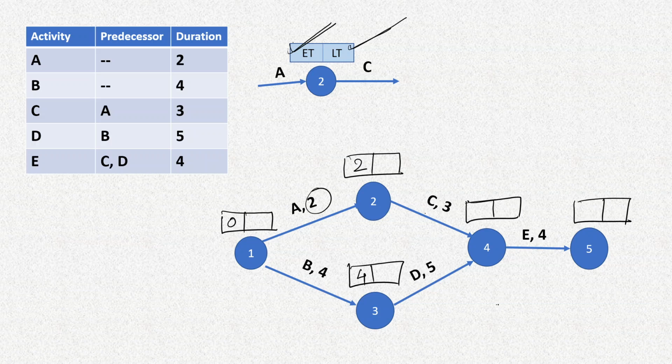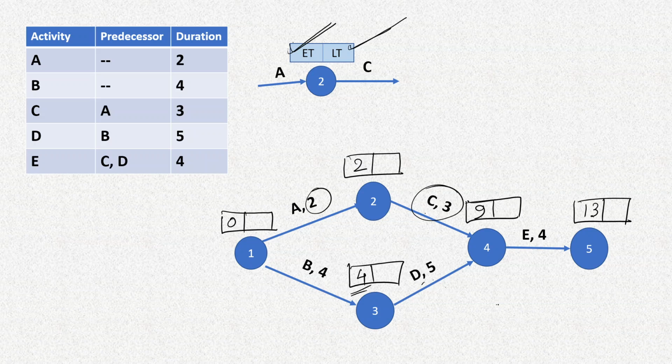So if we consider this arrow, then 2 plus 3 is 5. If we consider this arrow, then it will be 4 plus 5 equal to 9. So the largest is 9, so we'll have to write 9 here. Then in the last node there is only 1 arrow, so we don't have to worry here. 9 plus 4 is 13.